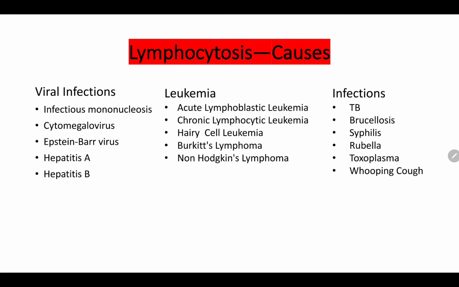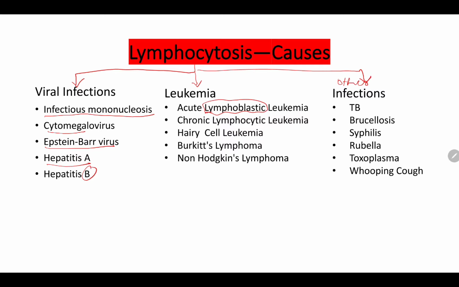Now, we discuss the causes of lymphocytosis. I have subdivided it into viral infections, leukemia, and other infections. In viral, the common one, as we already saw, is infectious mononucleosis, in which Downy cells are seen, then cytomegalovirus, Epstein-Barr virus, hepatitis A and B. Leukemia, as we know, in the lymphoid series will be increased in acute lymphoblastic and chronic lymphocytic leukemia, hairy cell leukemia, Burkitt's lymphoma and non-Hodgkin's lymphoma.